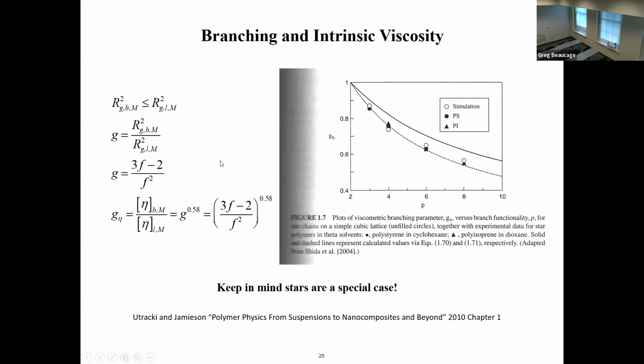So you can see the prediction would be like that line. Then these are measurements done of intrinsic viscosity, and shifting this by 0.58 gives the right fit. Jameson is another guy from Case Western in Cleveland, and he took over the free volume work with positron annihilation from Simha.